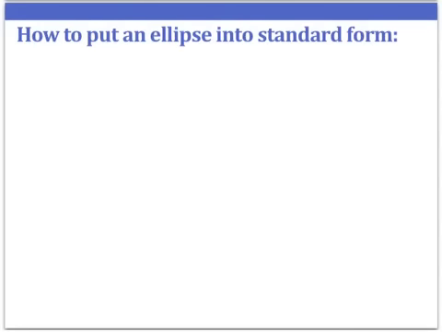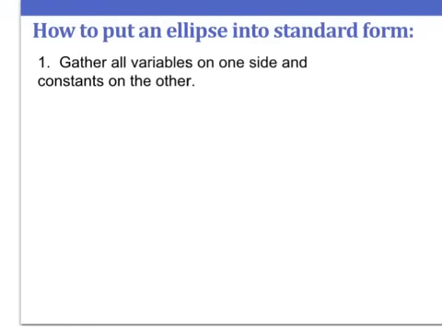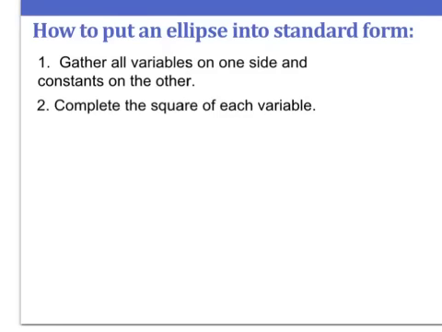Alright, we're going to go through a few steps on how to put an ellipse into standard form. The first step is to gather all variables on one side and constants on the other. So variables on one side, numbers on the other side. Next, you will complete the square of each variable. You will know to do that if you have, say, an x squared and then another term with an x in it.